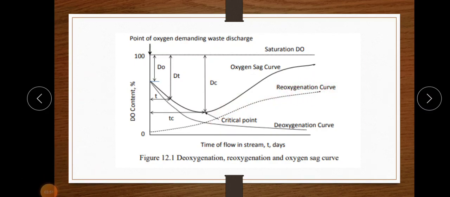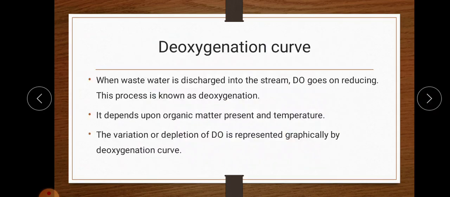In this figure there is a deoxygenation curve and a reoxygenation curve, and the sum of these two curves is known as the oxygen sag curve. We will get a curve like this, and this curve is known as the oxygen sag curve. First, deoxygenation: when wastewater is discharged into the stream, dissolved oxygen goes on reducing.